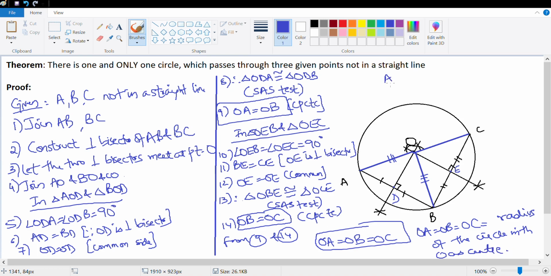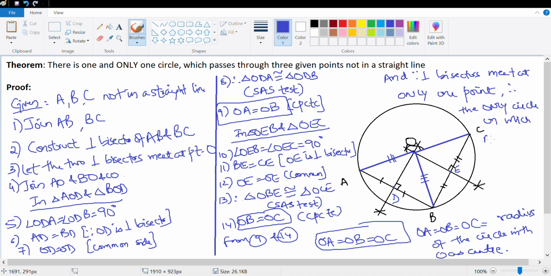Last line, and since perpendicular bisectors meet at only one point, therefore the only circle on which A, B, C will lie has center O. Perfect.